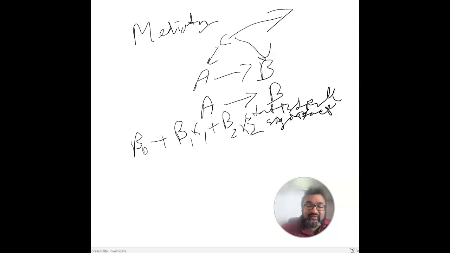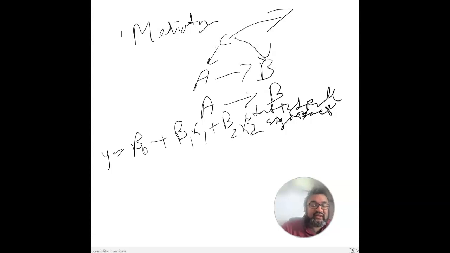So if beta 1 is mediating the relationship, then once you remove beta 2 out of the equation, beta 1 and y are no longer significant, because they equal something at some point.